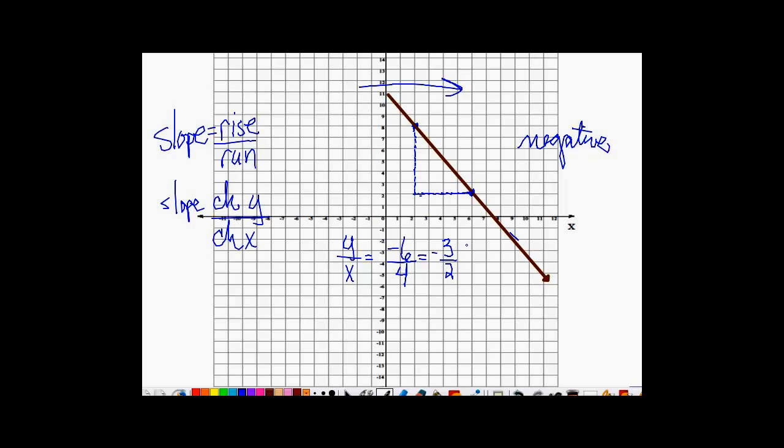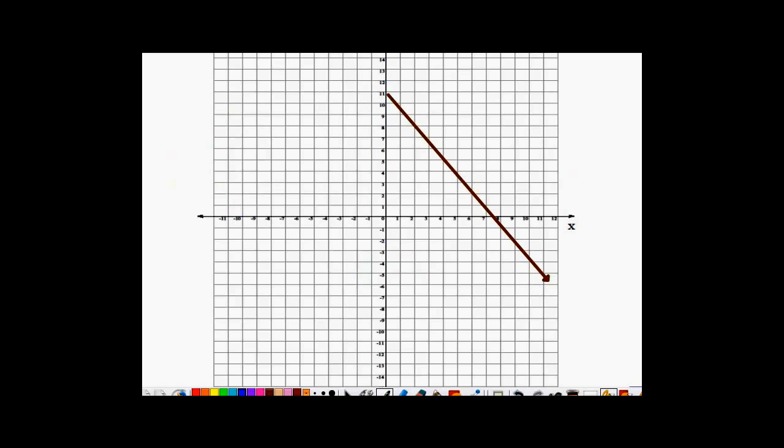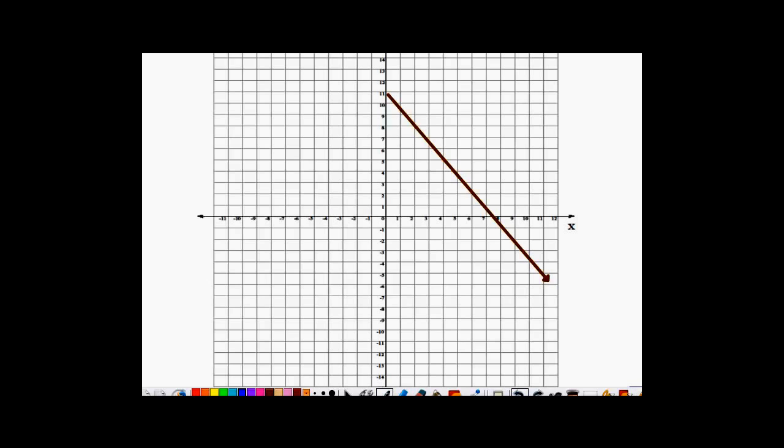All right, let's try another one. Let's clear this stuff off of here. And I did not want to do that. How about we just take the line off? Let's see if I can do that from here. Maybe.